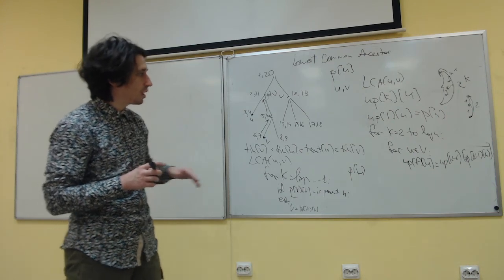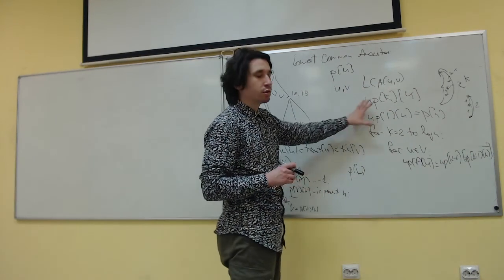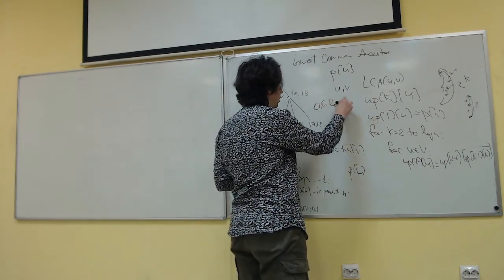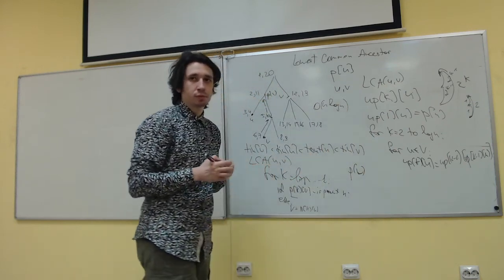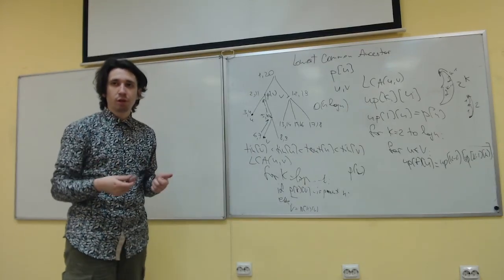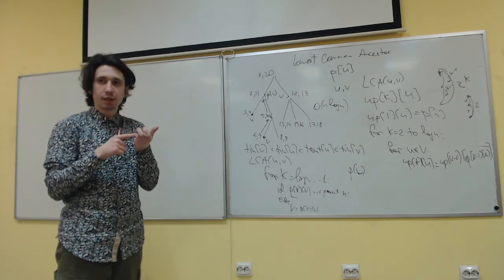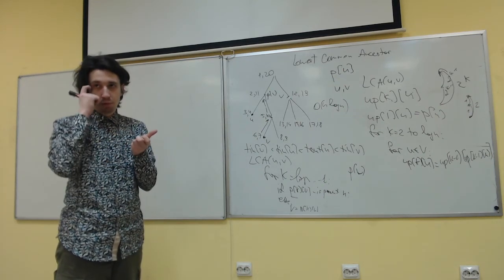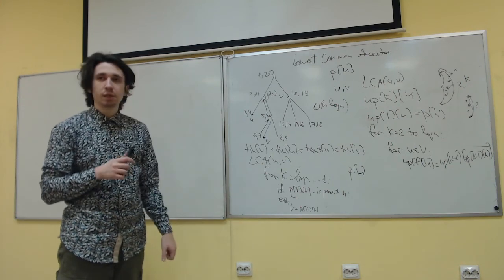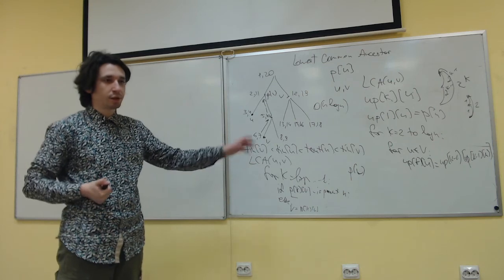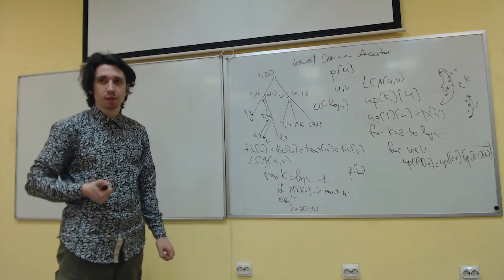No, we pre-calculate everything before. There is a pre-calculation in O(n log n) time. We calculate t in and t out, we pre-calculate this up table, and then we ask several times for the lowest common ancestor.